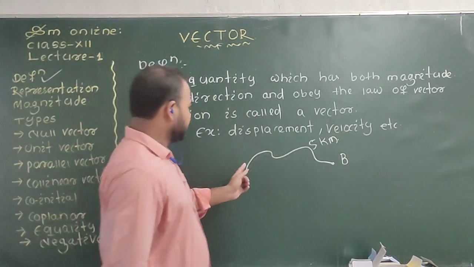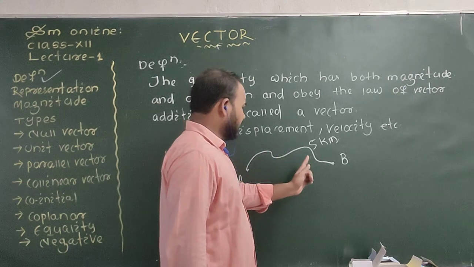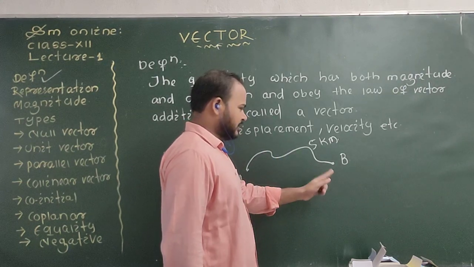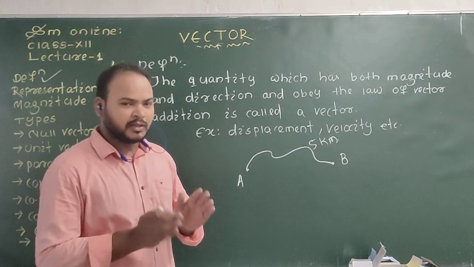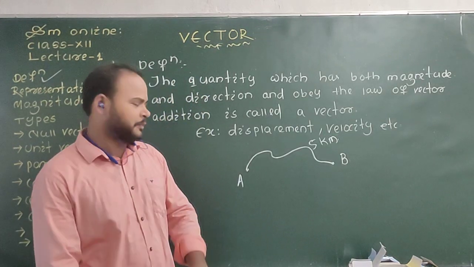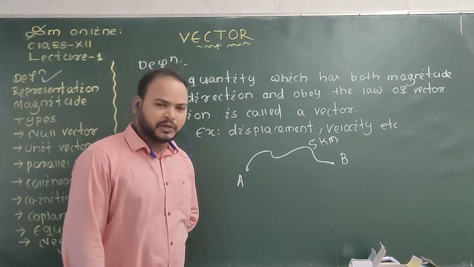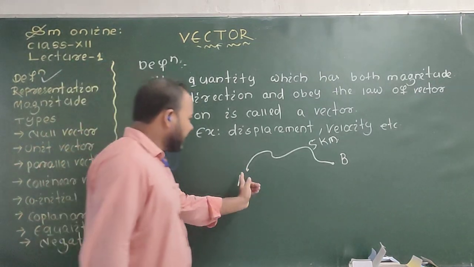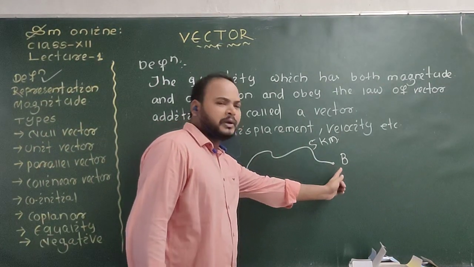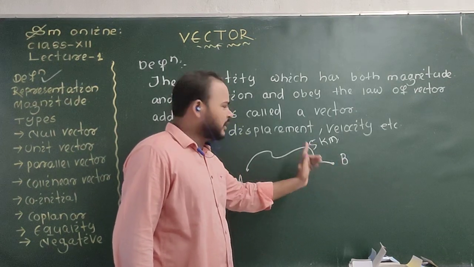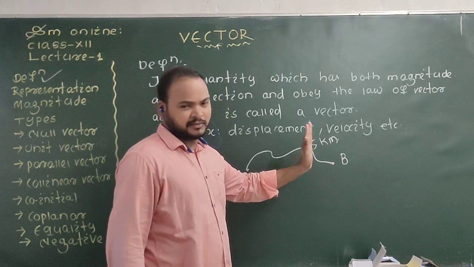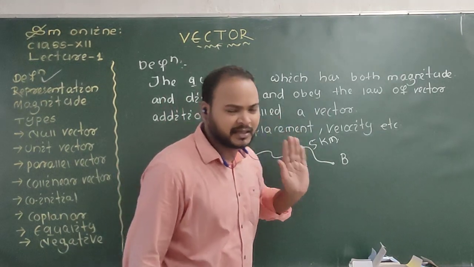That is its magnitude. So here the total path covered between A and B is 5 km, so it is called its distance.